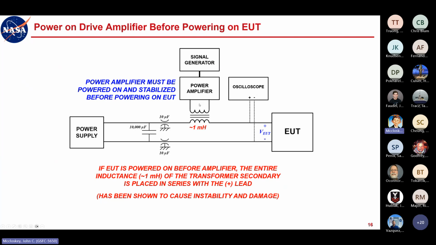So if you turn the power amplifier on first, now it will function as a transformer, and the source impedance of your power amplifier will map to the transformer secondary. We'll talk more about that coming up. And that is essentially a purely resistive impedance. And now you've got a much more stable configuration to turn on your EUT with much less risk of oscillations that can cause damage. And we've seen this.